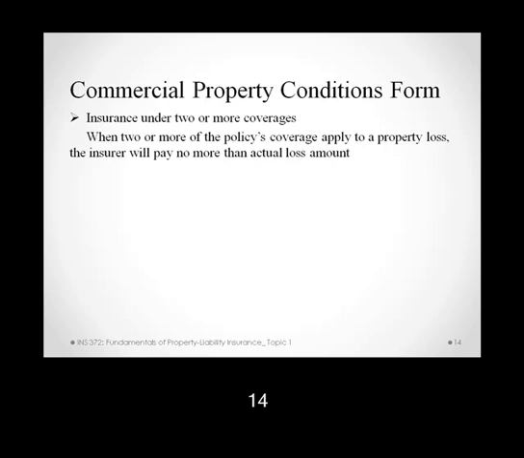Now, if you also purchase physical damage insurance through the car rental company, then basically that particular car that is rented to you has 2 coverages. One is from your insurance company and one is from the rental insurance company.